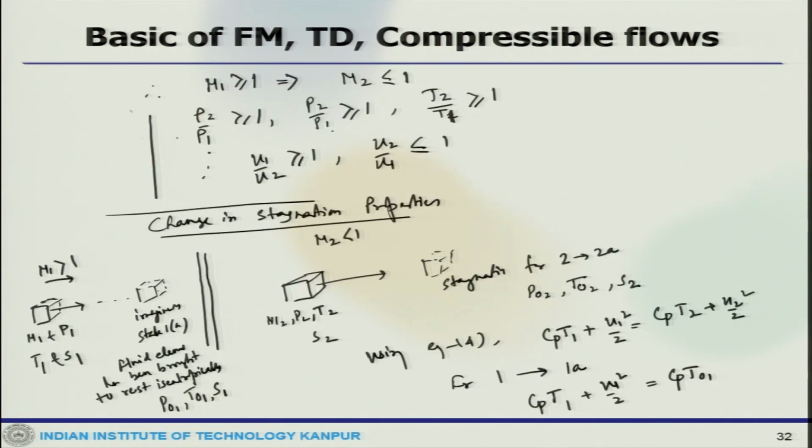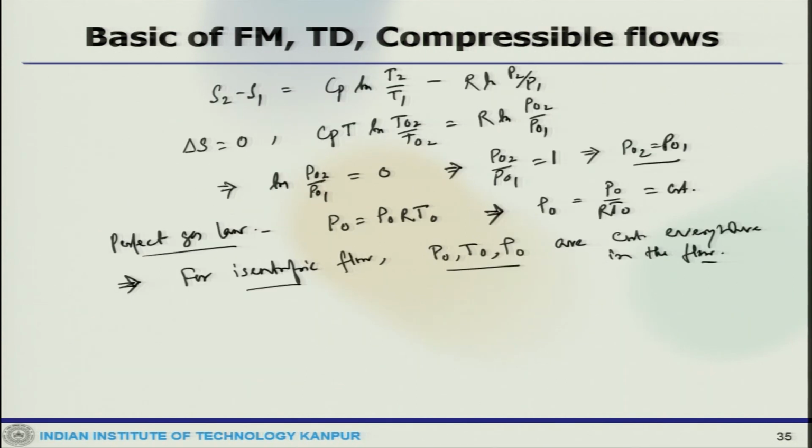And across a normal shock, static density increases, static pressure increases, static temperature increases, whereas the flow velocity decreases in the downstream of the shock. So, that is pretty much what we wanted to talk about in normal shock relations.